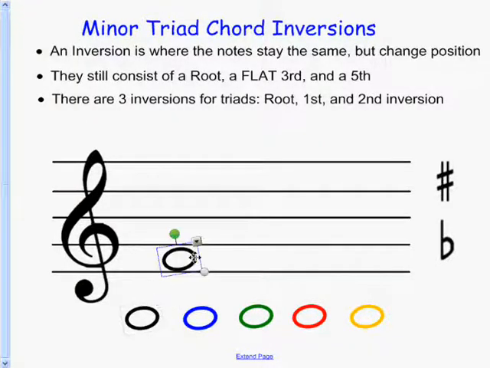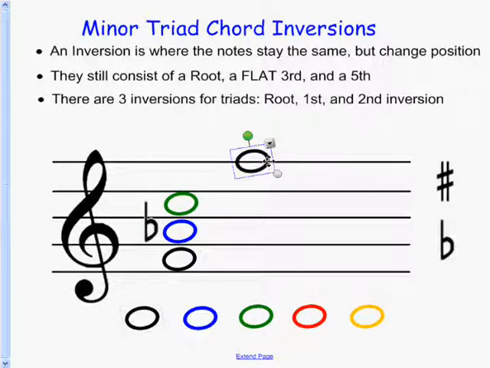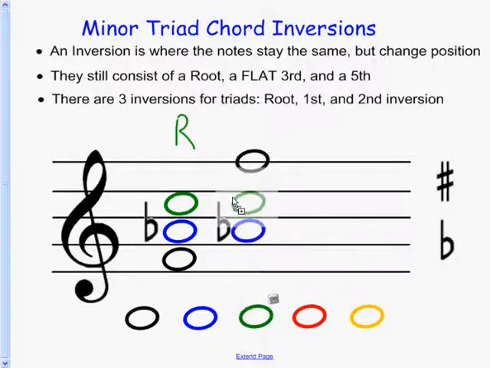Okay, so we'll deal with our F again. F, A, C, but we have to flat the third note. So that's our root inversion. Then we have our first inversion, which is going to be A flat and C. That is first inversion.